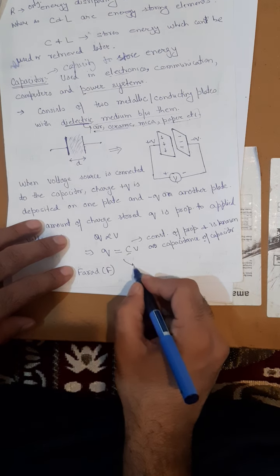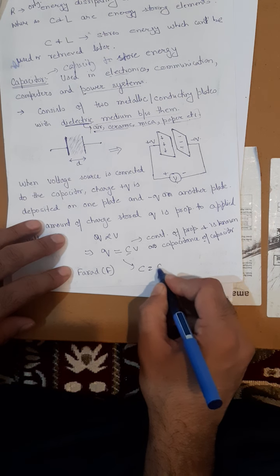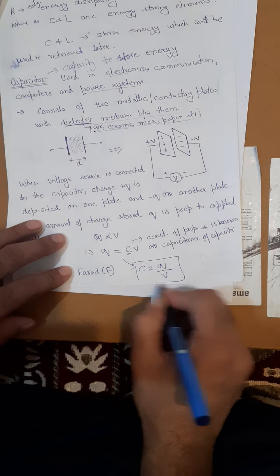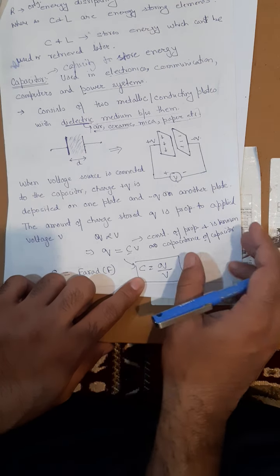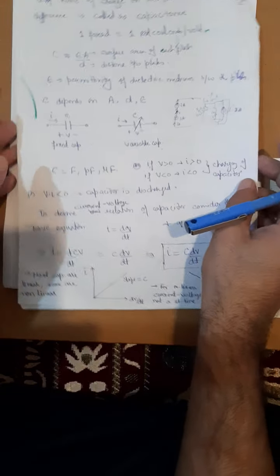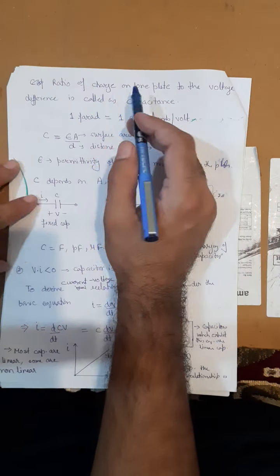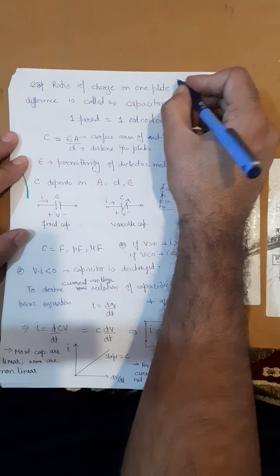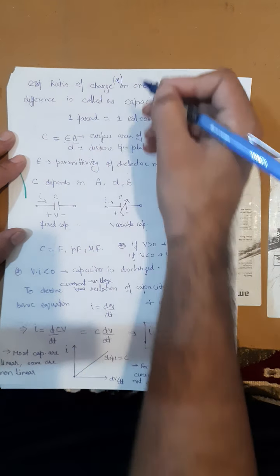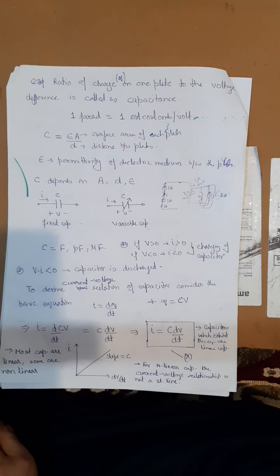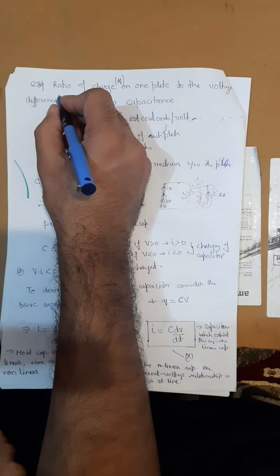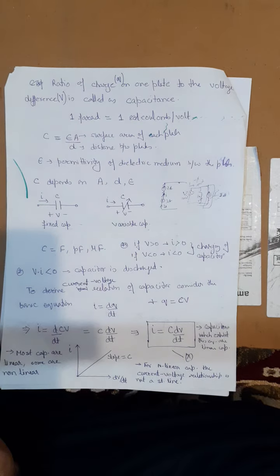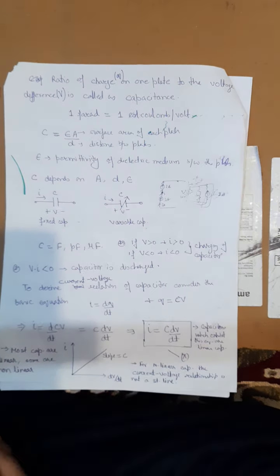So from here, what is C? C is equal to Q by V. So the ratio of charge on one plate, which I denote by Q, to the voltage difference V is called the capacitance.